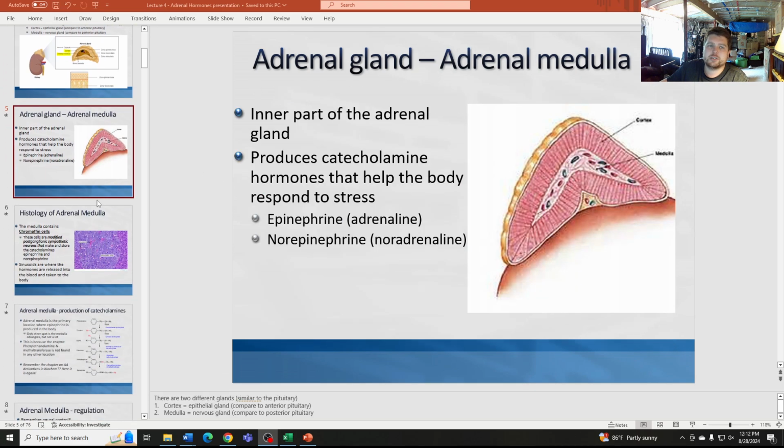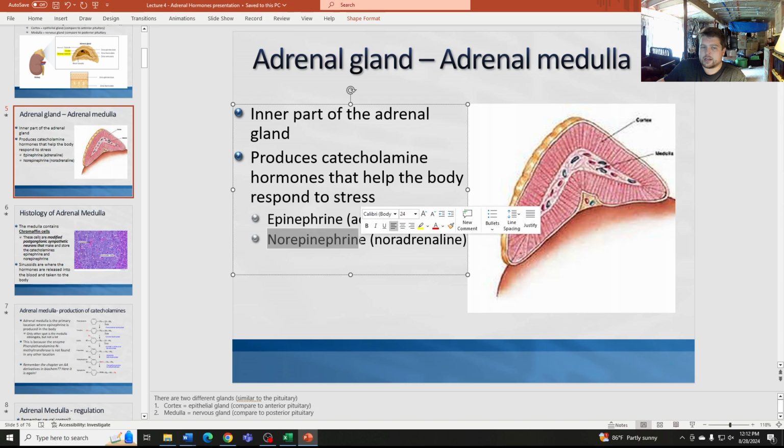So the adrenal medulla is the inner part of that adrenal gland, the suprarenal gland. It is where we produce catecholamine hormones. Now, our catecholamines are epinephrine, norepinephrine, dopamine, those kind of hormones. The two that we focus on, though, are epinephrine and norepinephrine, which are produced in the medulla.